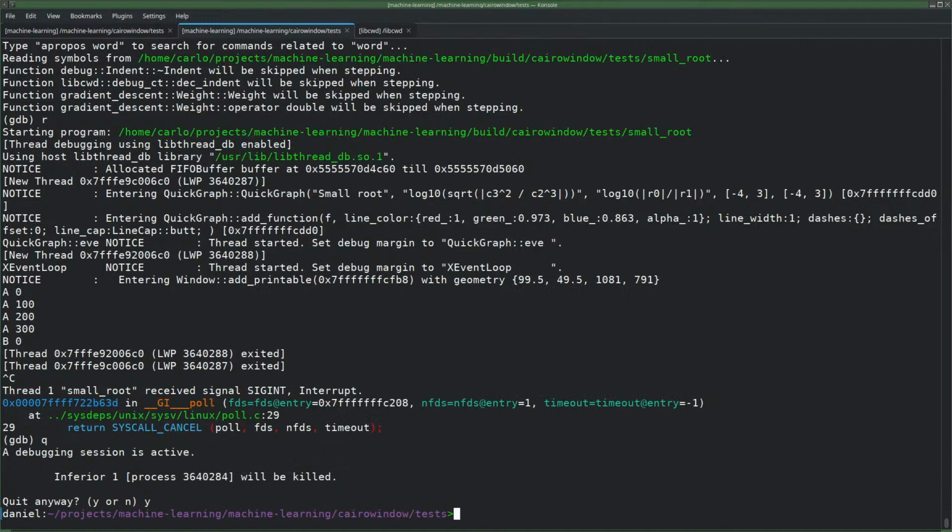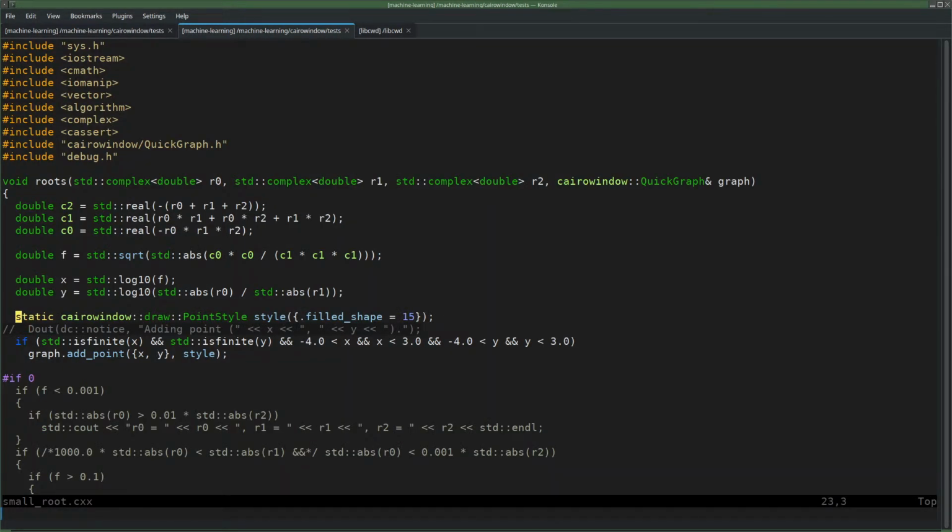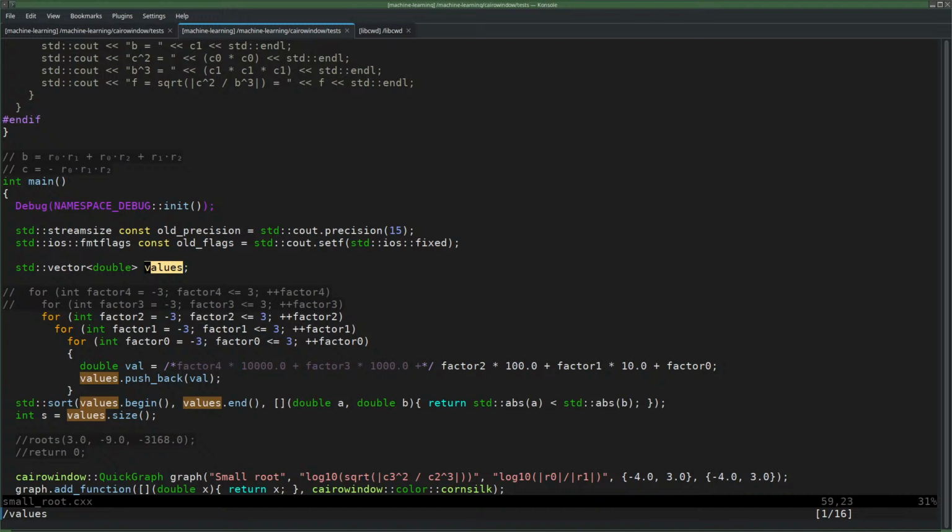So let's see if we can speed this up and still get the same picture. Let's start with trying just to... not a very significant speed up yet.